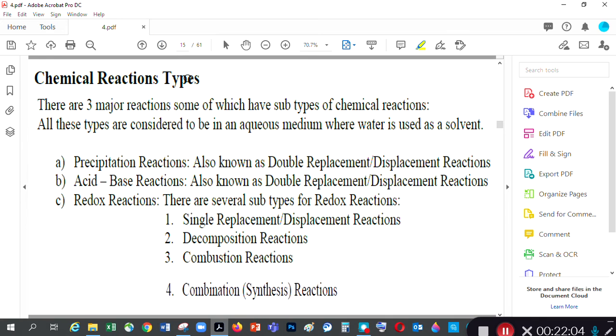So now let's look at the chemical reaction types. There are three major reactions, some of which have subtypes, as you will see later on. All these types of reactions are considered to be in an aqueous medium where H2O is the solvent. The first is the precipitation reaction, also well known as a double replacement or displacement.